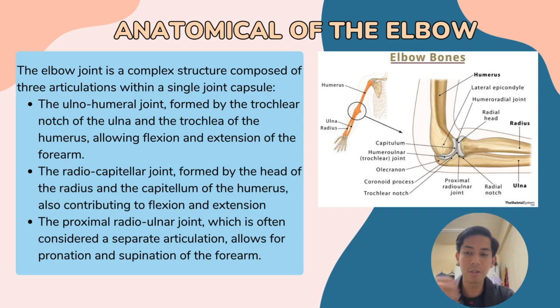These three articulations enable various movements like flexion, extension, supination, and pronation of the forearm. The elbow's stability is maintained by an intricate interplay between these articulations and the collateral ligaments, providing a stable functional connection between the shoulder and hand.